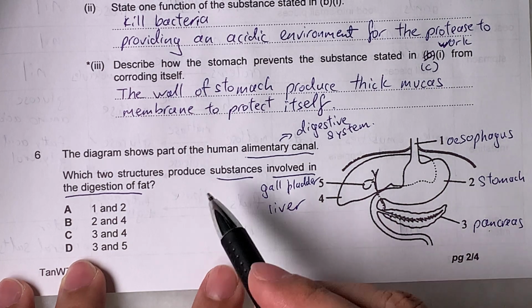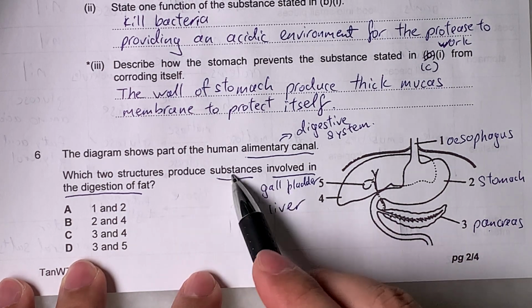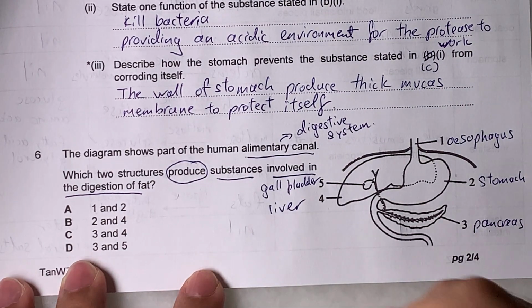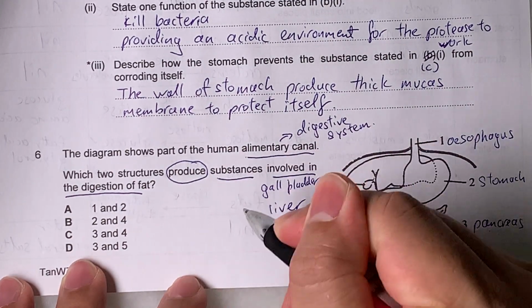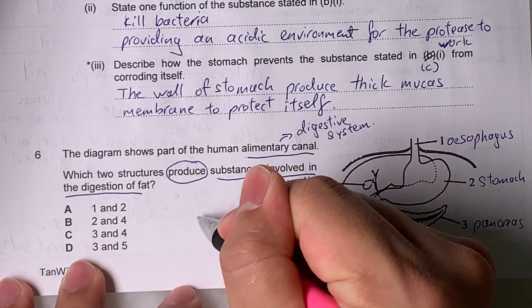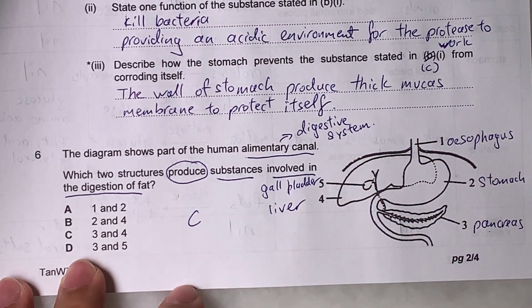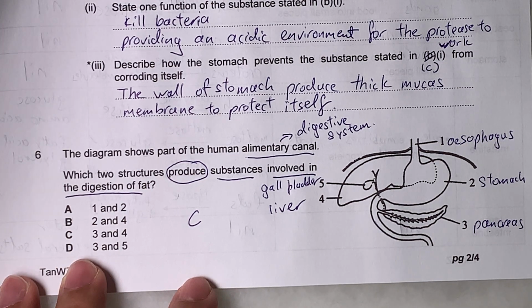Because we talk about produce substances, the word produce is important here. So that's why the answer for this is C, where pancreas and the liver are in charge of producing things to help digest the fat. Okay, so with this we are done with page 1 and page 2.